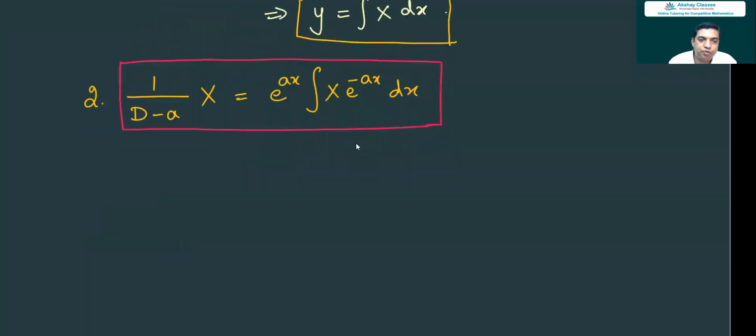So let's do the proof for this. Let y be 1 by D minus a times x.